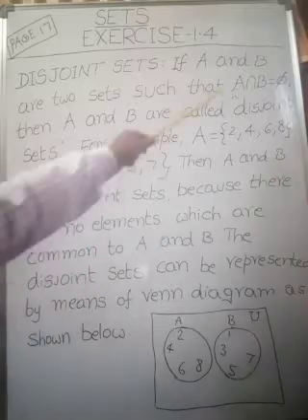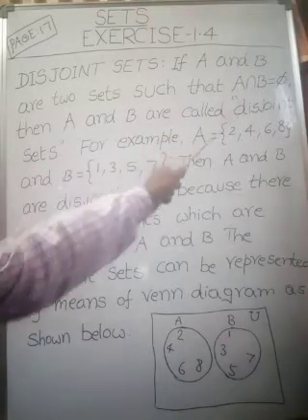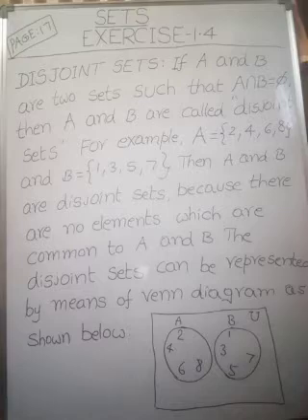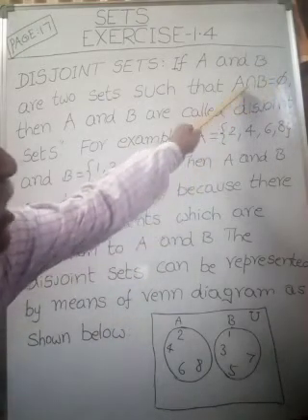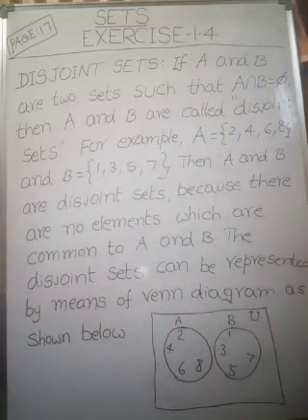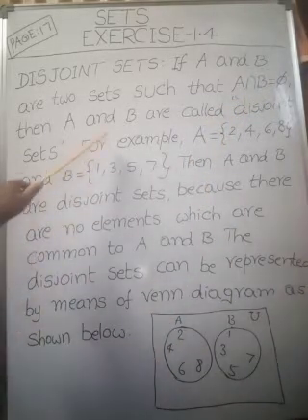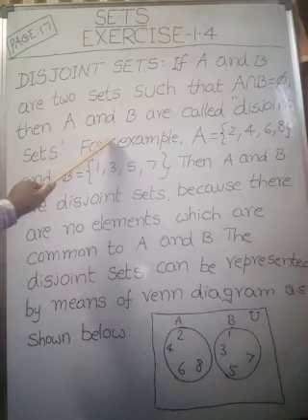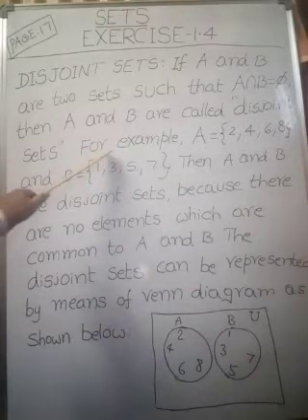This is the definition of disjoint sets. If you find the intersection of two sets and you get the empty set, null set or void set, then the two sets are called disjoint sets. To understand this concept clearly, let us take an example.